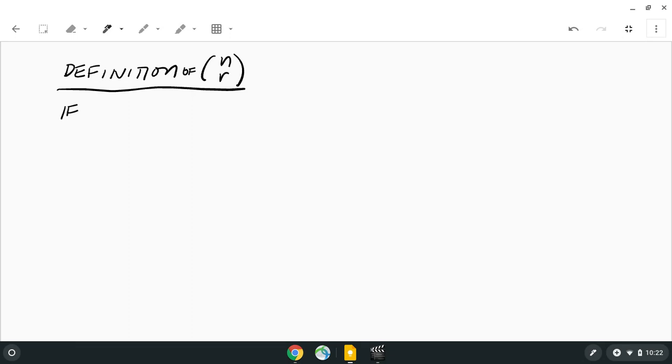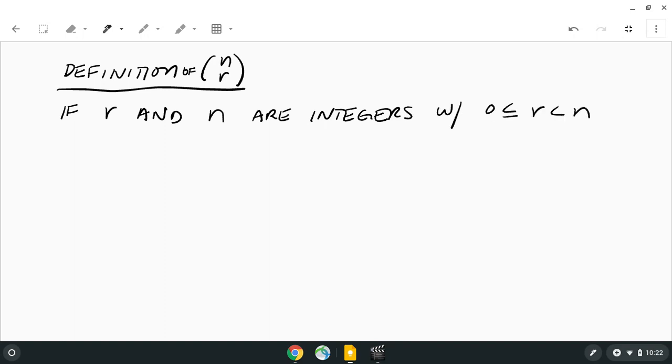Okay, so if r and n are integers with zero less than or equal to r, which is less than or equal to n, then that's an n.